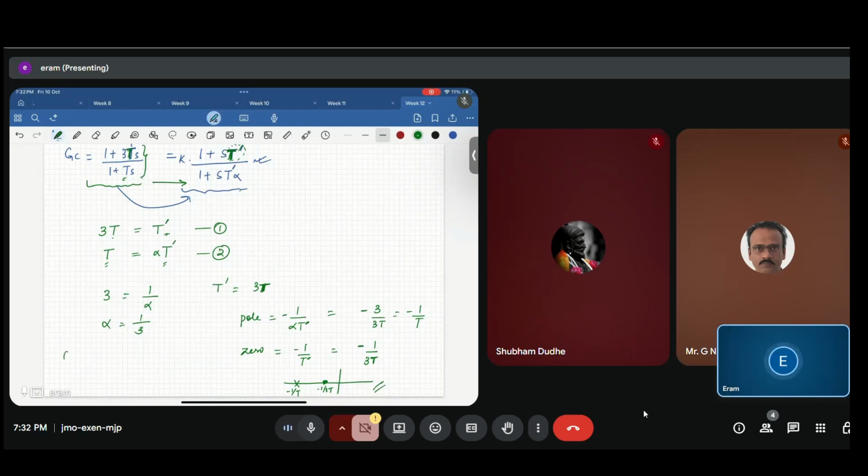Now can you calculate phi m? It will be sine inverse of (1 minus 1 by 3) divided by (1 plus 1 by 3). So this will give you how much? What will be phi m?